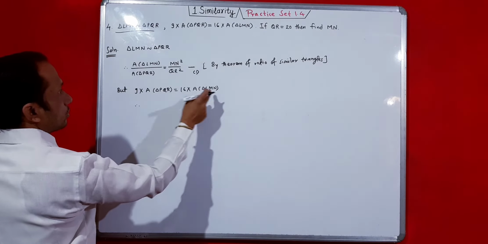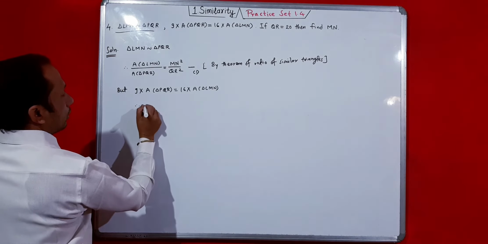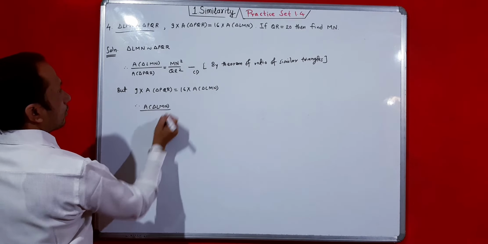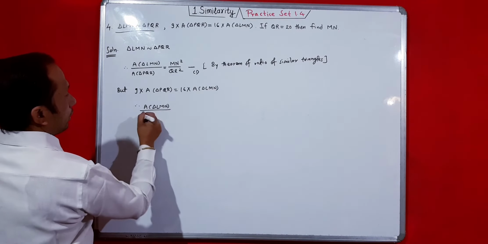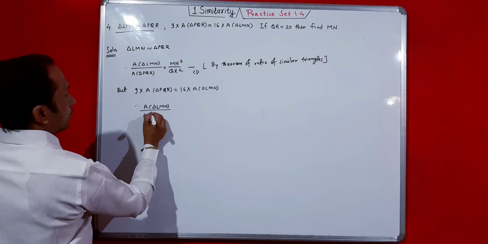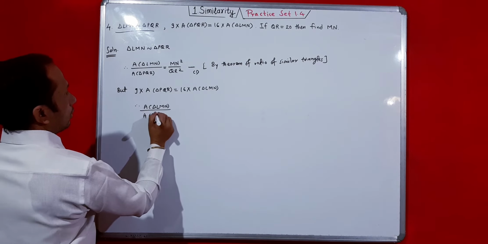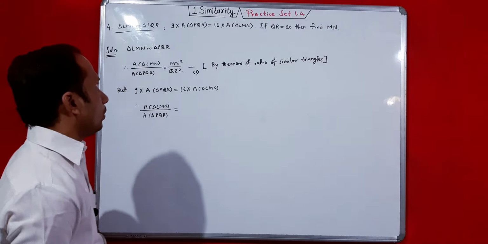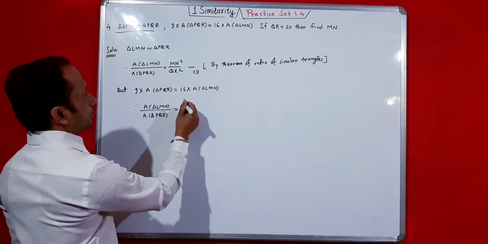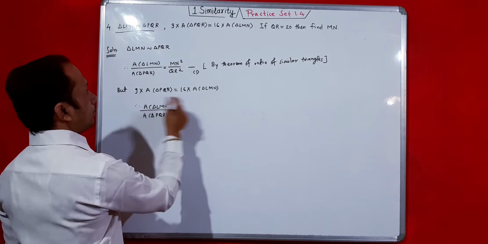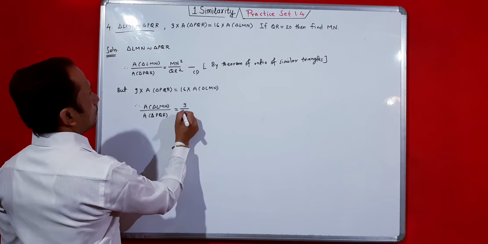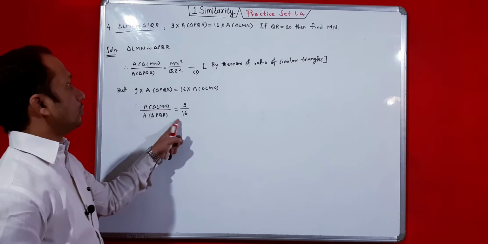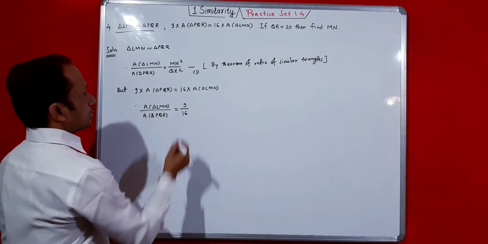If I take this to this side, area of triangle LMN, I take this to this side, area of triangle PQR, and now I take this to this side, so 9 will remain this side, this will come to this side, 9 upon 16. This is coming like this. So we got this as second number.